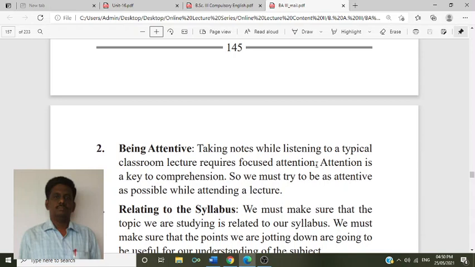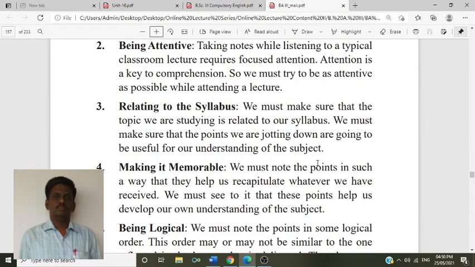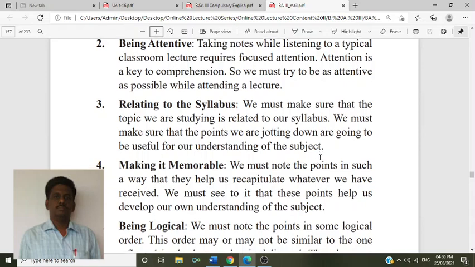We are listening, so in note taking, we should listen carefully and then try to write or take the notes. Then we learned about relating to the syllabus. So we must relate what we are learning or listening to, to the syllabus that is prescribed to us, to the course that we are learning.